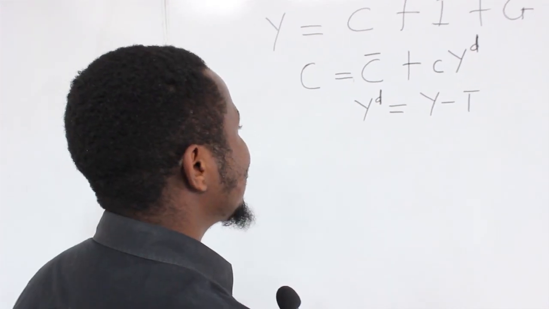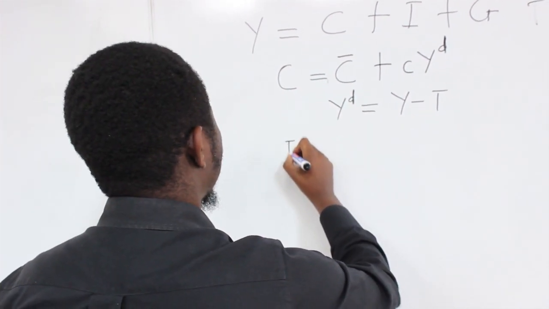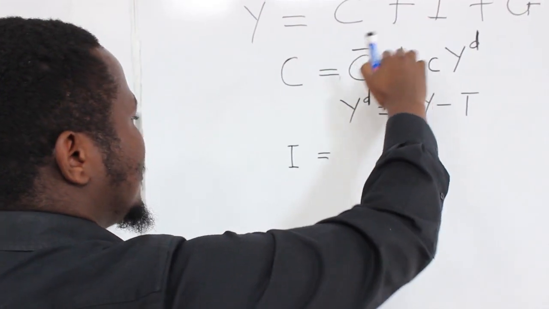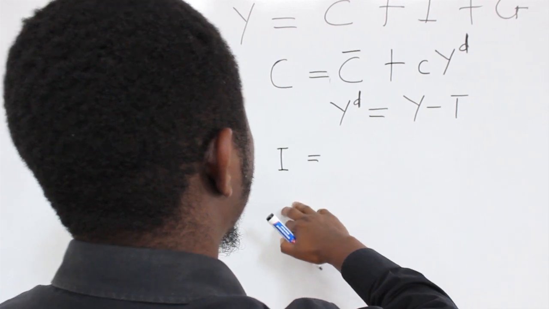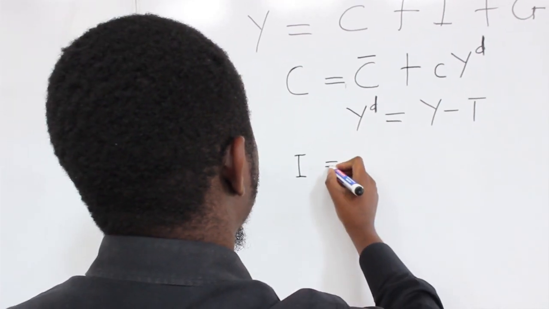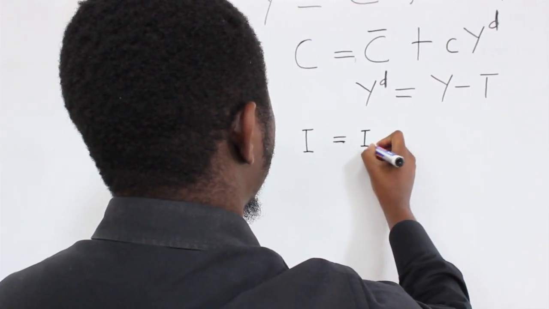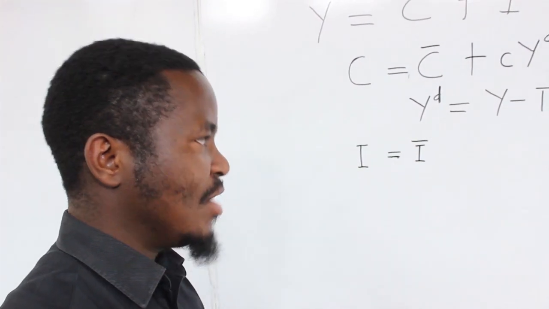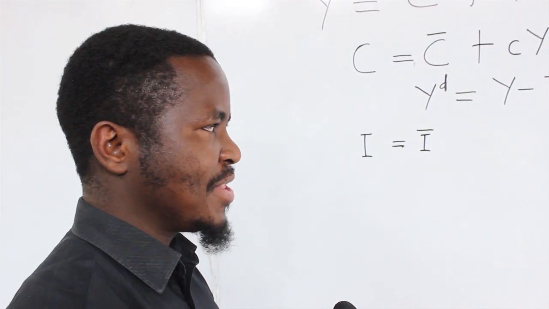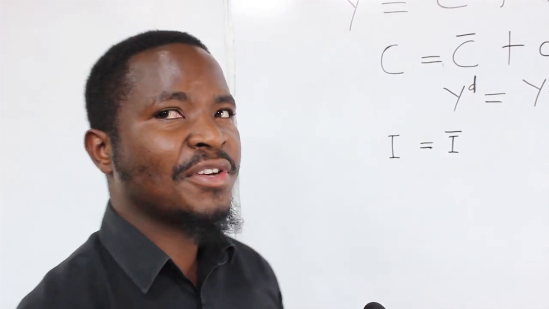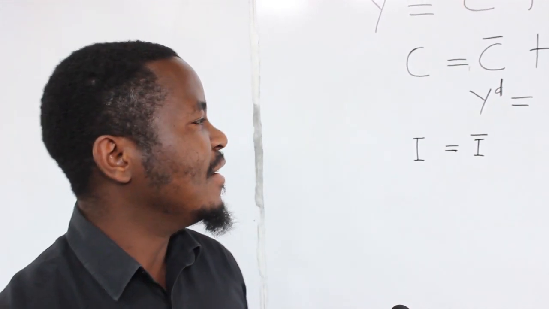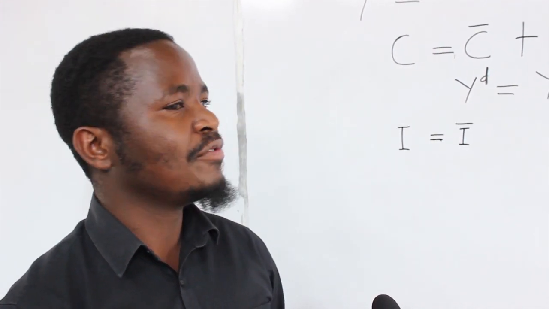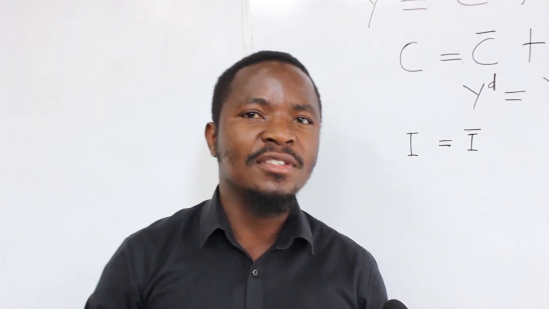Again, we can explain total investment expenditures, the I, using a function of investments. We shall assume that we have a certain level of investment that does not depend on anything. Especially, we know that investments are usually affected by interest rates, because we assume in economics that for firms to invest, they will have to borrow.